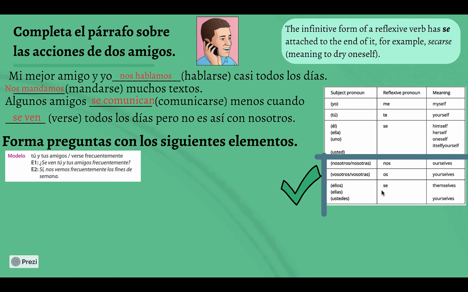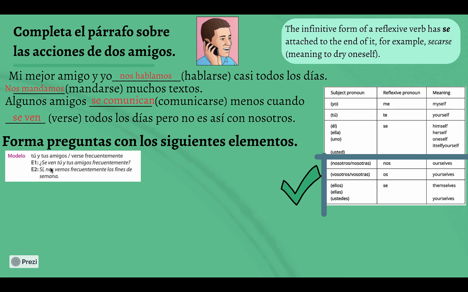Now, next practice is forma preguntas con los siguientes elementos. So here's the model. You get tú y tus amigos / verse frecuentemente. So here we will work with partners, but you can create your own conversation with your computer or your imaginary friend.